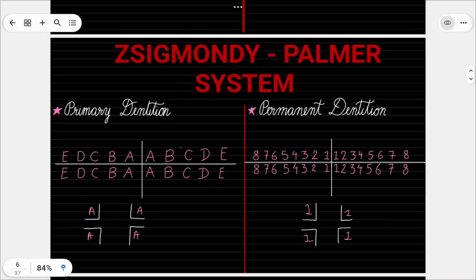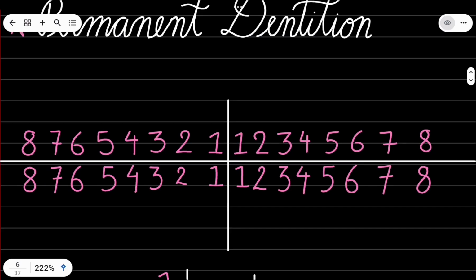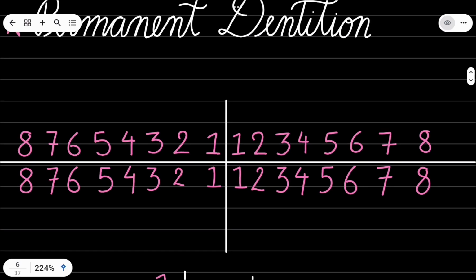The next system which we have is the Zsigmondy-Palmer system. Now in this system also, for primary dentition we have the alphabets, and for the permanent dentition we have the numbers. Starting with the permanent dentition, here each tooth is given a specific number.